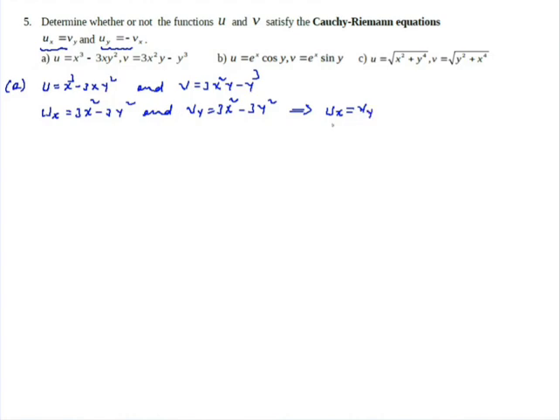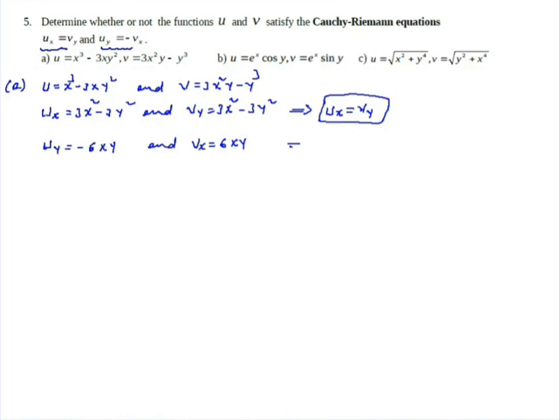Okay, it satisfied the first equation. We check the second equation. So uy, the partial derivative of u with respect to y, is minus 6xy, and vx is 6xy.